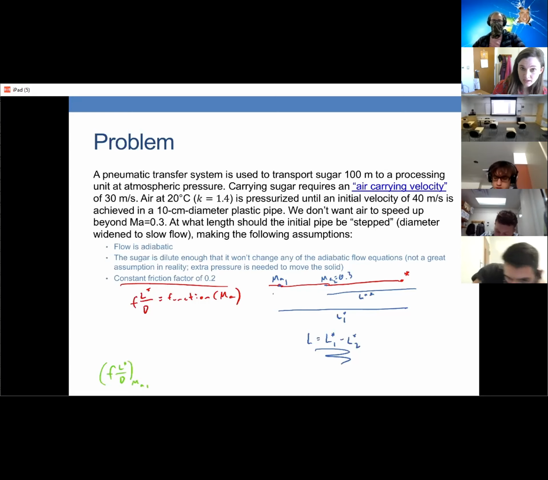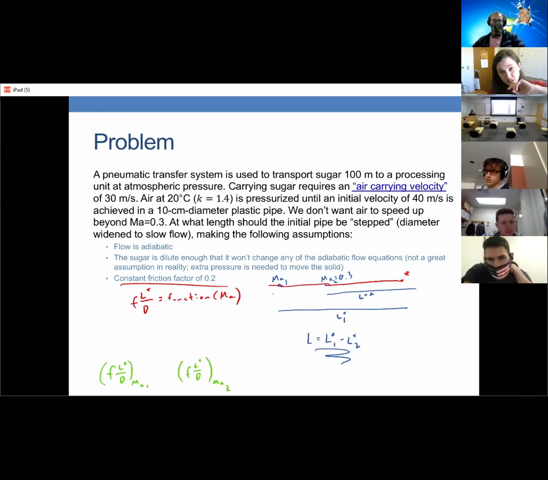You'd have to calculate the Mach number there, and then you could find it. And then you could get the same thing at Mach 2, using that big equation. Or at Mach equals 0.3, you can actually look it up in the back of the book.